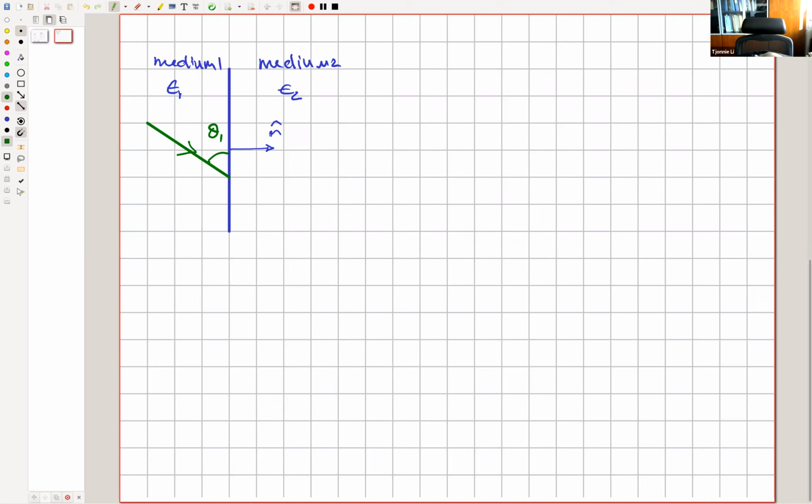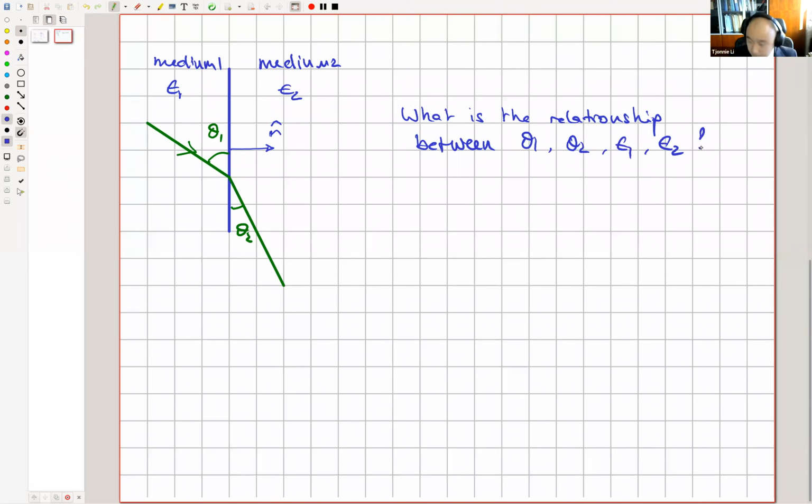So it could be, for example, in this way, and let's call this theta 2. And so the question that I have for you is, what is the relationship? You write it down. What is the relationship between theta 1, theta 2, epsilon 1, and epsilon 2?